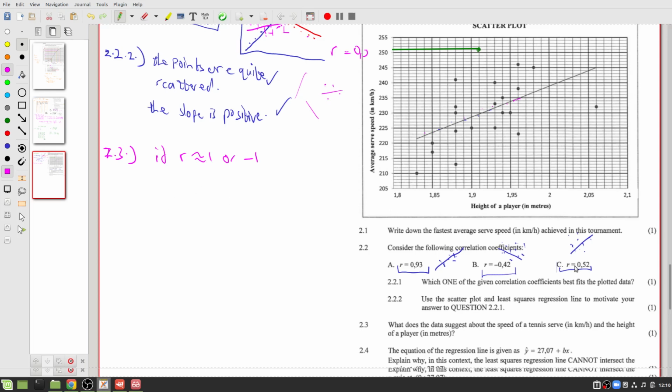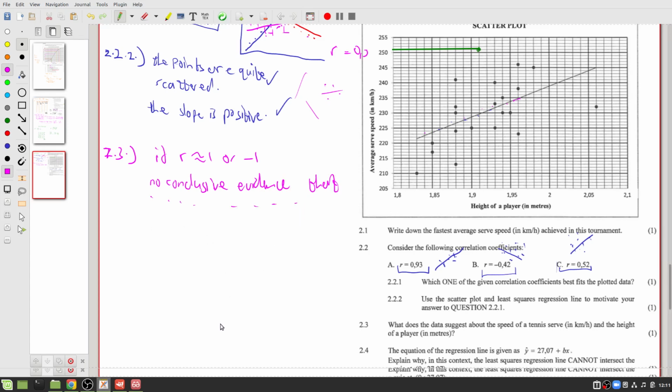But in this case, our R is quite weak. It's far away from 1. So we can say there's no conclusive evidence that the height of a player influences their serve speed, or has an impact on the average speed of the serve.